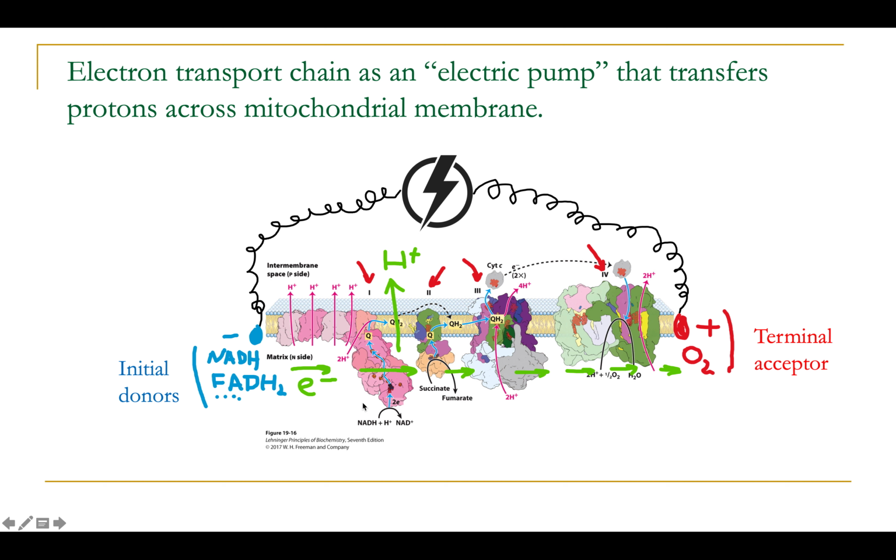So one could bring an analogy between the respiratory chain and electric pumps. In the case of the respiratory chain, the electric potential is generated by the difference in electron affinity between initial electron carriers, NADH, FADH2, etc., and the terminal electron acceptor.